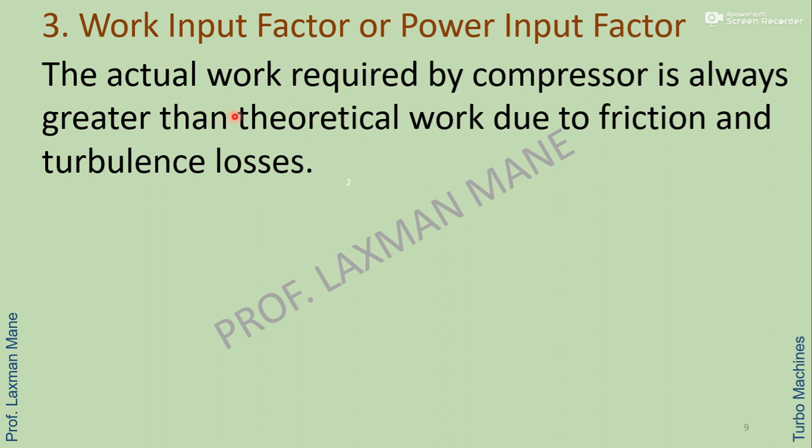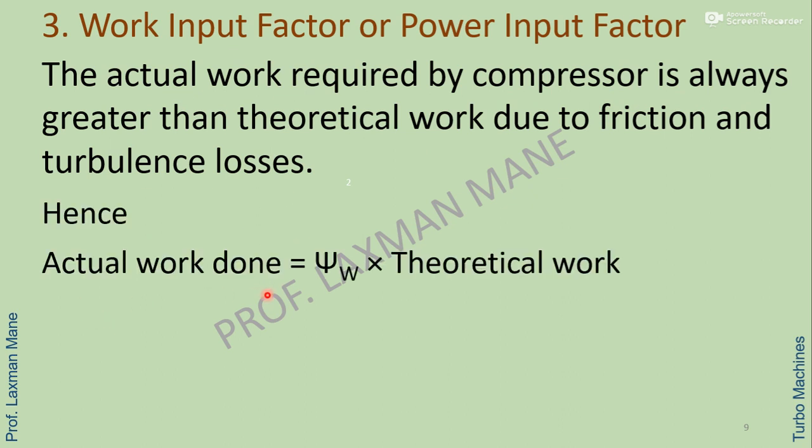The actual work required by compressor is always greater than the theoretical work due to friction and turbulence losses. So hence here actual work done can be written as psi w into theoretical work. So this psi w is work input factor.